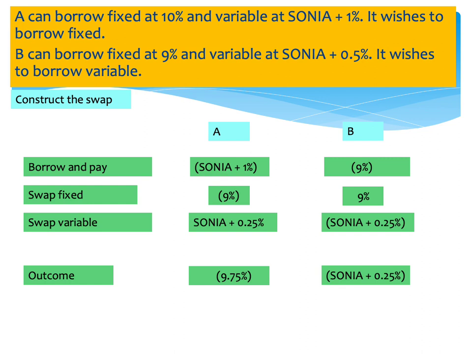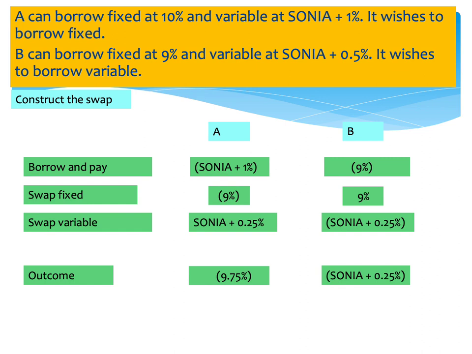For A, it's paying SONIA plus 1%, then it's paying 9% on top of that to B, and then it's receiving SONIA plus 0.25% from B. What you'll find is the SONIAs cancel each other out because you're paying a SONIA and receiving a SONIA, and we end up with a net base rate payment on the variable payments of 0.75%.